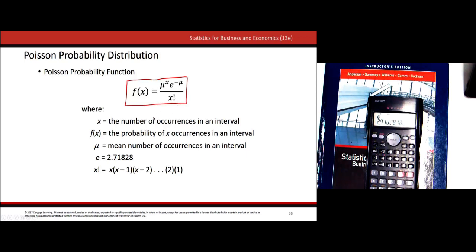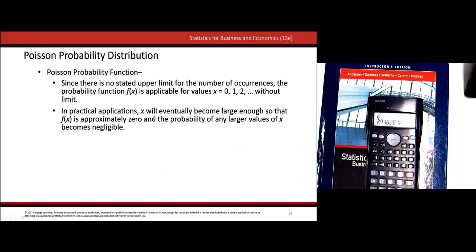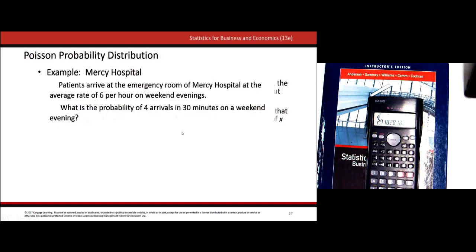So f of x will be really small for practical applications. So it will be approximately 0, even though there is no finite upper limit. In practical applications, x will eventually become large enough so that f of x is approximately 0 and becomes negligible.